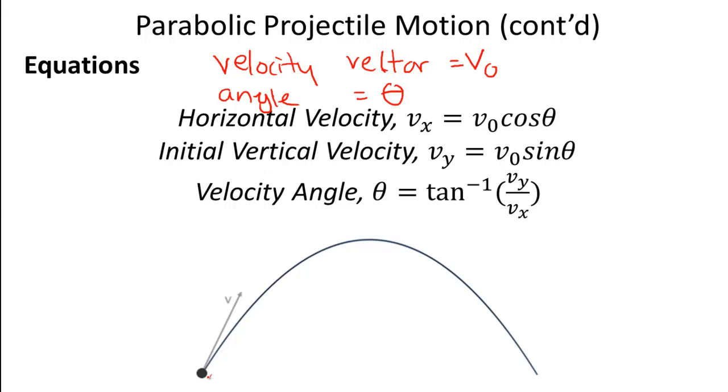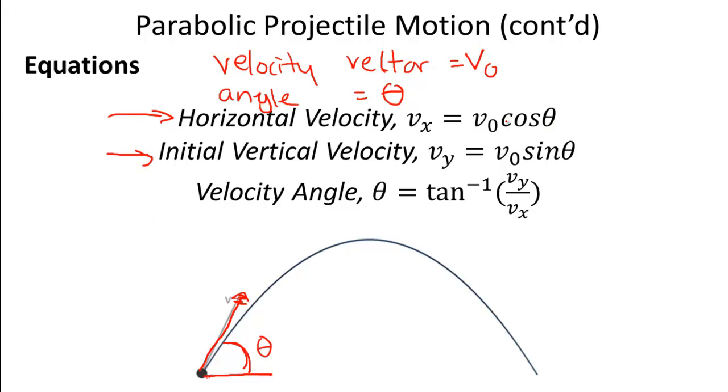When I talk about the angle of the trajectory, I'm talking about this right here, this being our angle. And when I talk about the initial velocity vector, this is what I'm talking about here, the initial velocity vector.